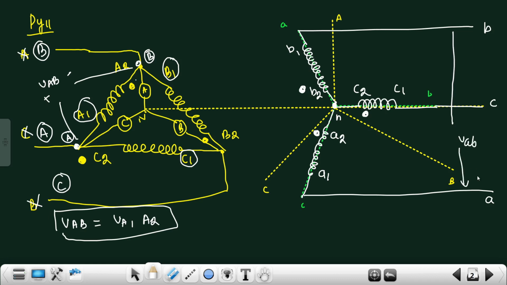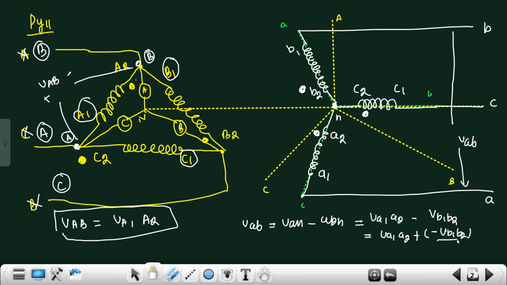VAB we can write as VAN minus VBN, where VAN is VA1A2, and VBN is minus VB1B2. So we can write VA1A2 plus VB2B1.